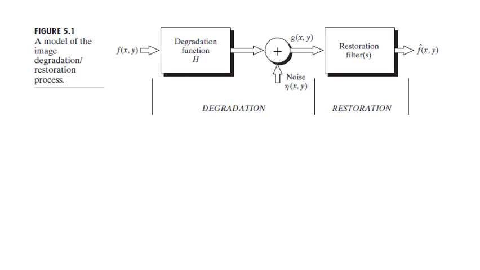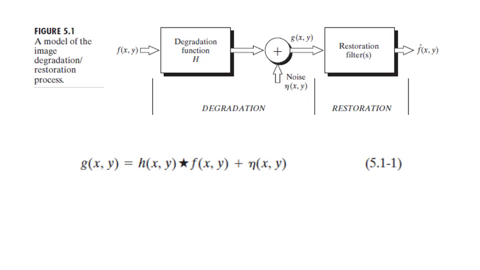Now let us try to understand how we can model the system mathematically. As I told you, g of x comma y is the degraded image, so we need to have an understanding of the degradation function h.